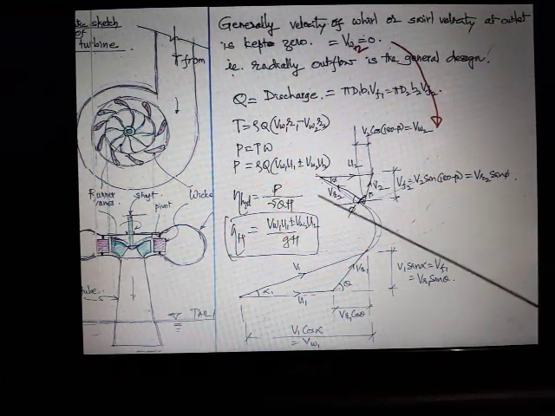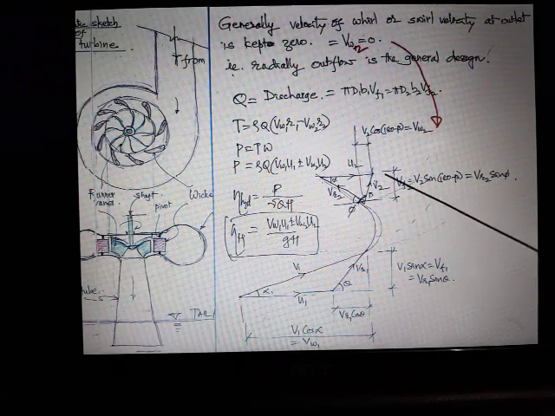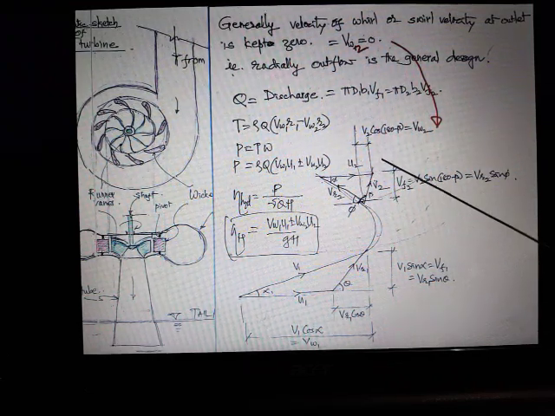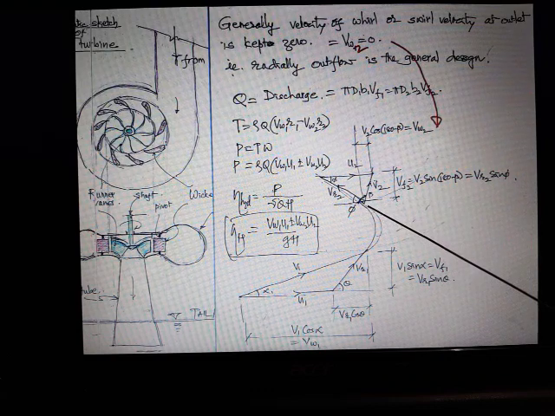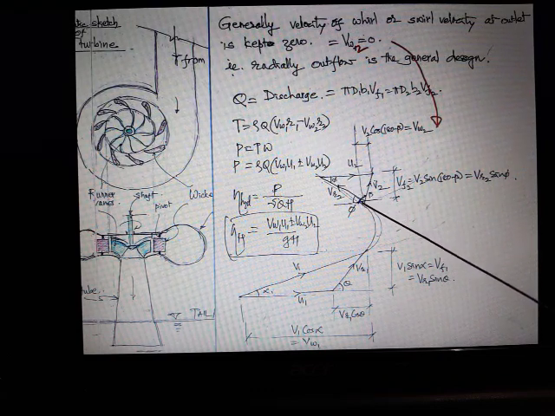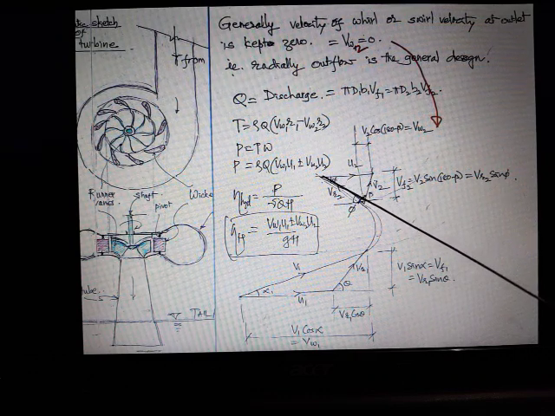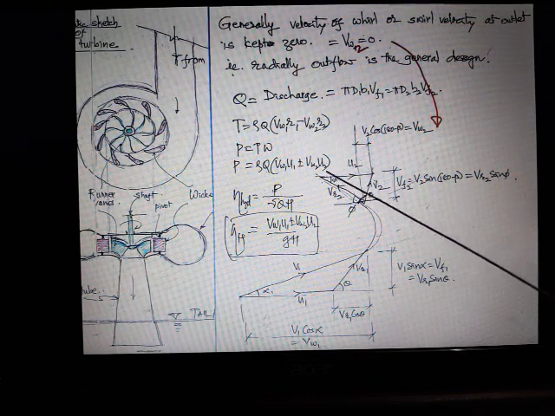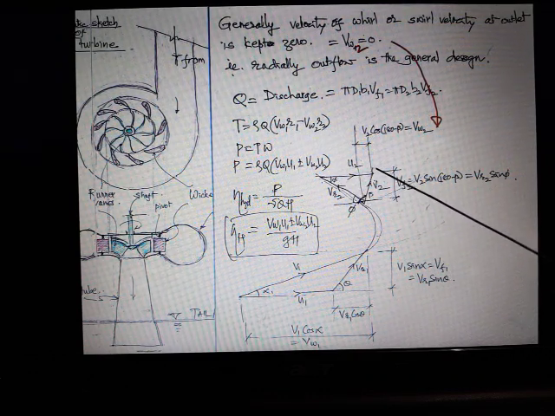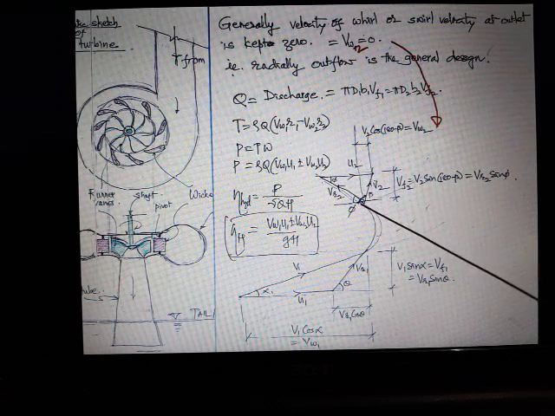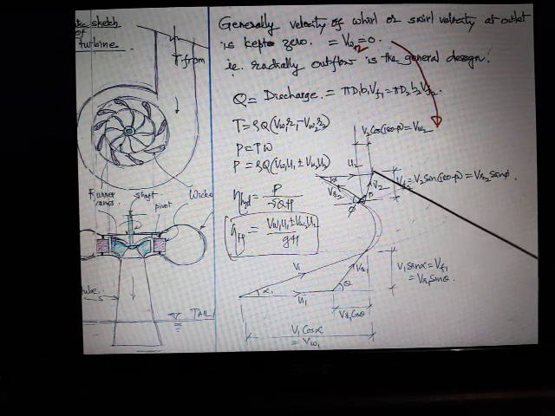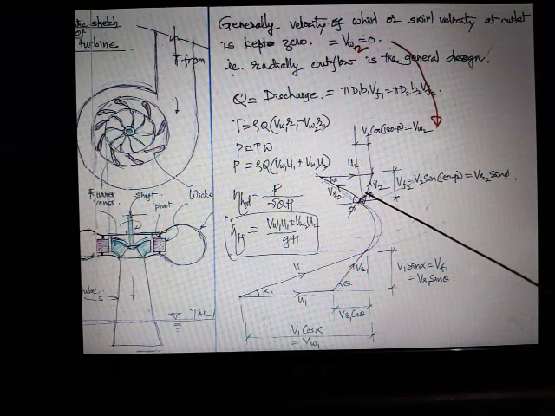If you look at this outlet velocity triangle, in line with this we have the relative velocity, then we add the velocity of vane to get the absolute velocity of the jet. This jet is now making an angle of beta.